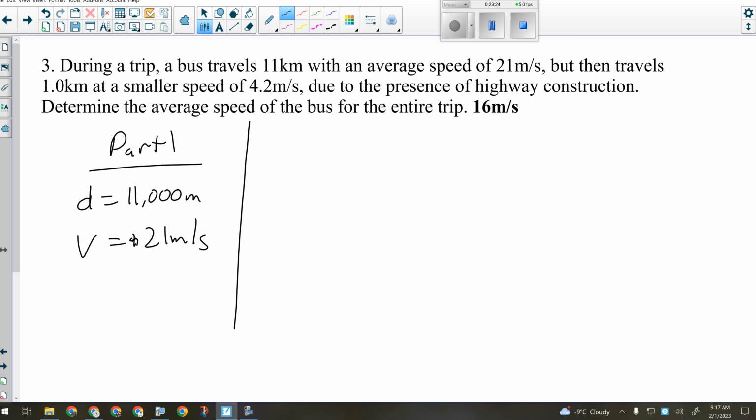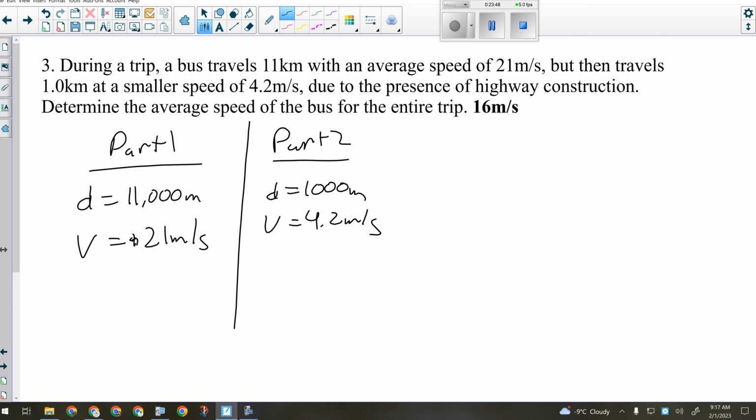And then in part two, we go 1 kilometer, so 1,000 meters, at 4.2 meters per second. Find the average speed of the bus for the entire trip. Well, what do I not have that I'm going to need to get that?